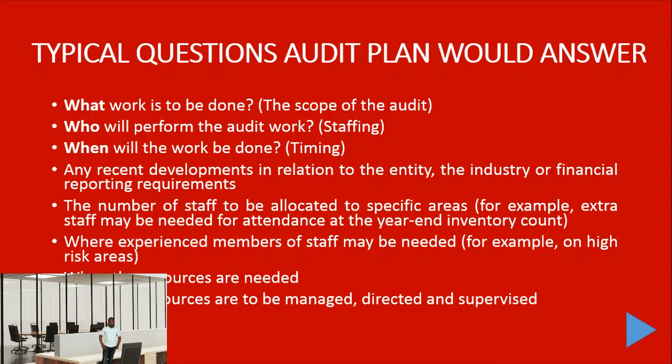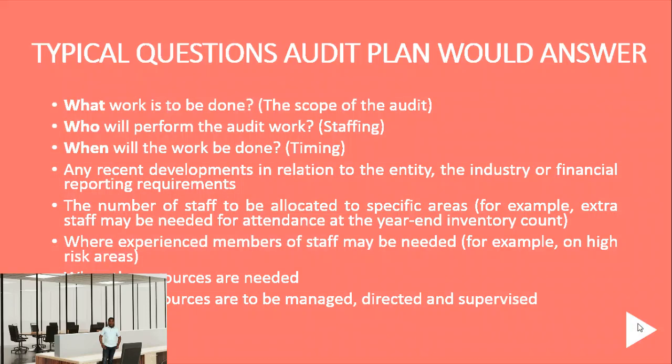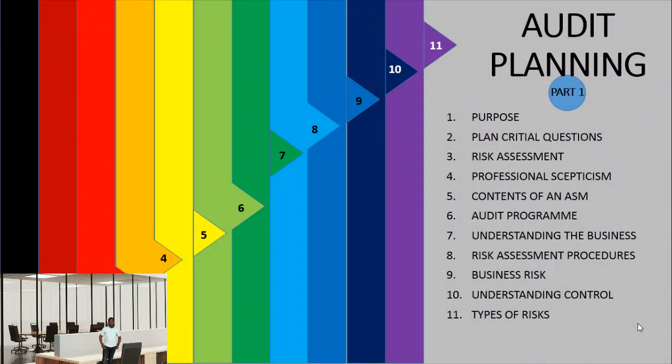All those aspects of work must be managed very well for efficiency, for due collaboration among staff, because it could have a way of affecting our delivery too. So these are the critical questions that an audit engagement must not fail to answer.